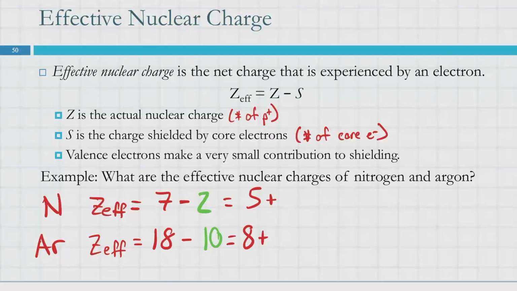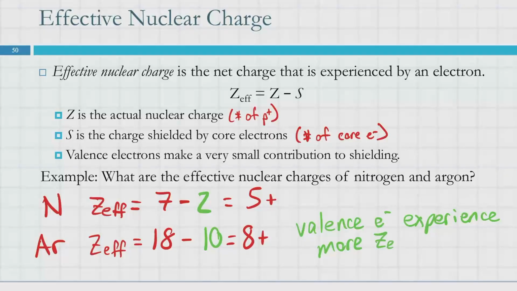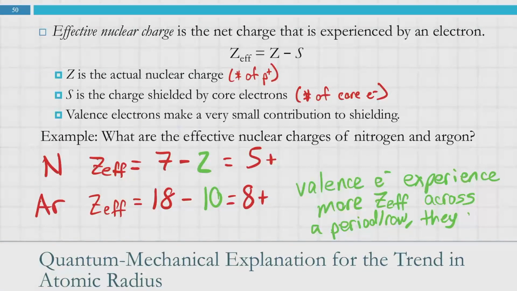If you add a couple more protons to increase that, that's going to cause some shrinkage. It's going to cause those electrons to pull in more. So valence electrons experience more effective nuclear charge across a period or row, which causes them to get pulled in more.